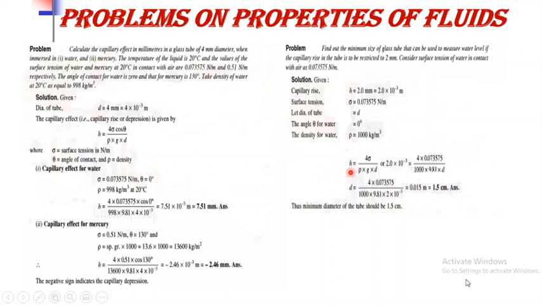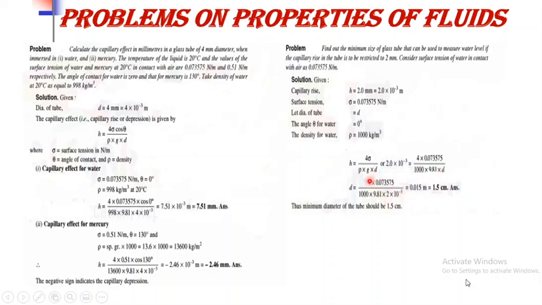So the equation for calculating the capillary rise is 4 sigma cos theta upon rho GD. As the value of theta is 0, cos 0 is 1. So the equation becomes 4 sigma by rho GD, or by putting the value of H as 2 into 10 raised to minus 3, sigma, then value of rho, then G, and diameter D is unknown, that is nothing but the size of tube.